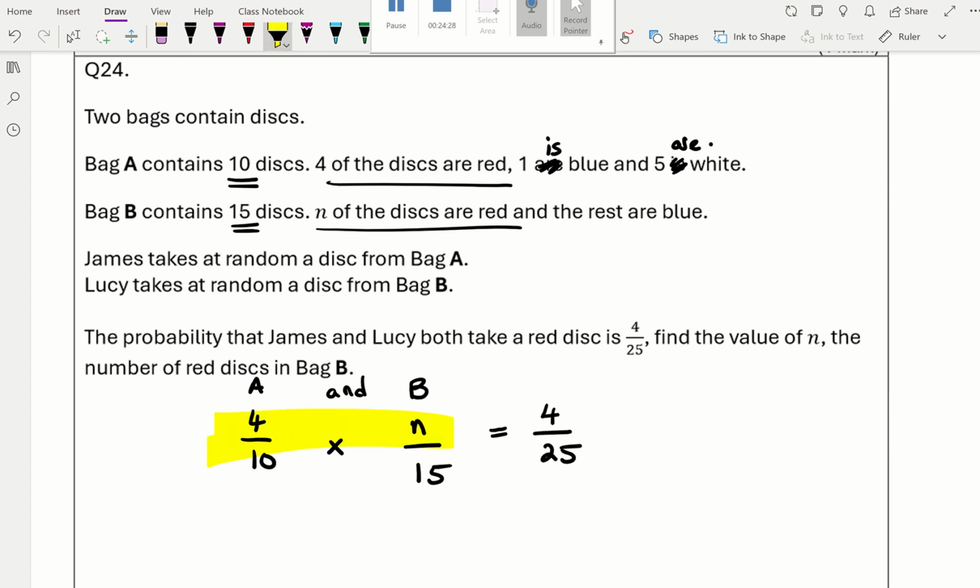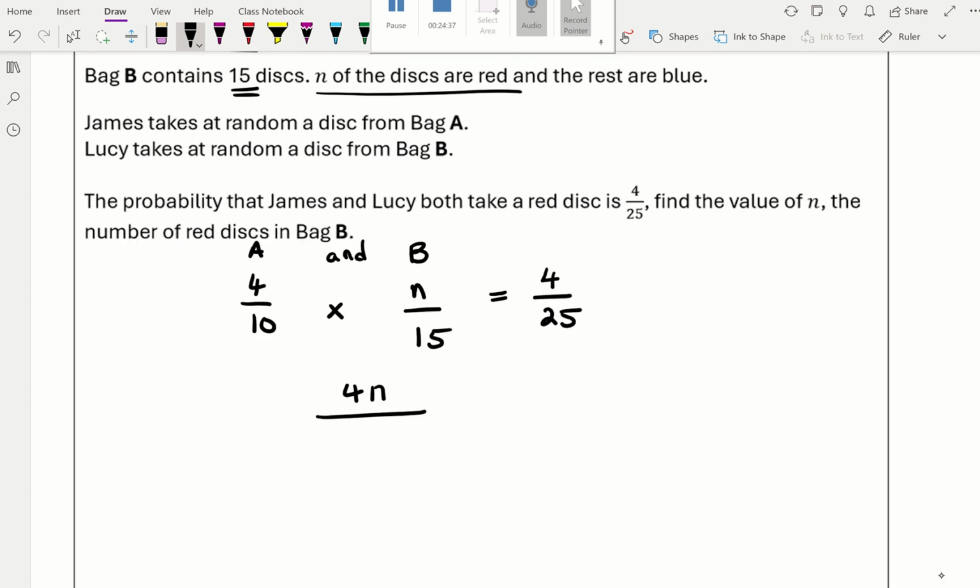The first thing you need to do is multiply that. So 4 times n is 4n, 10 times 15 is 150, and that gives us 4 over 25.